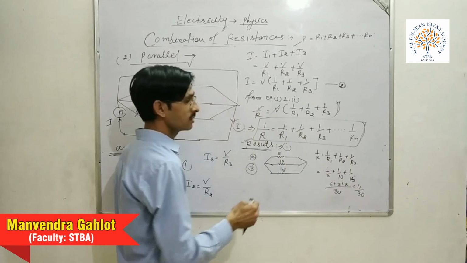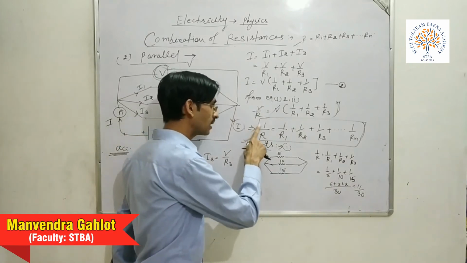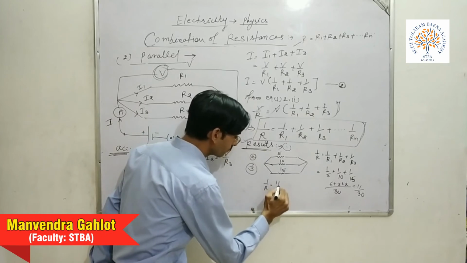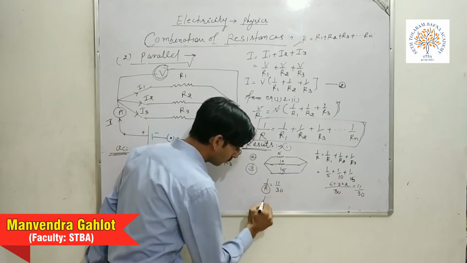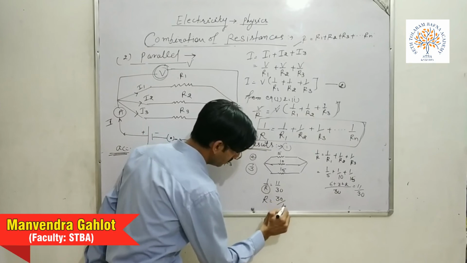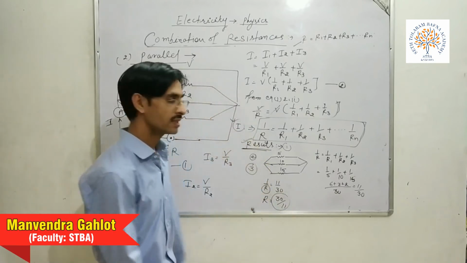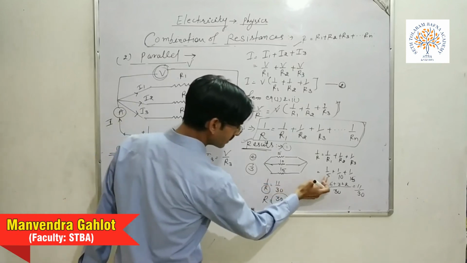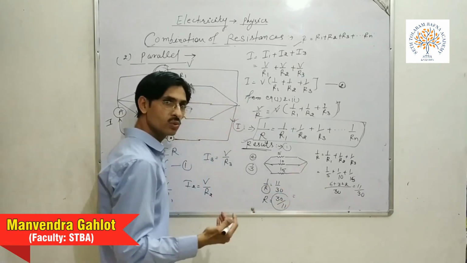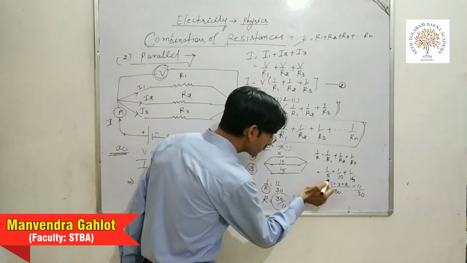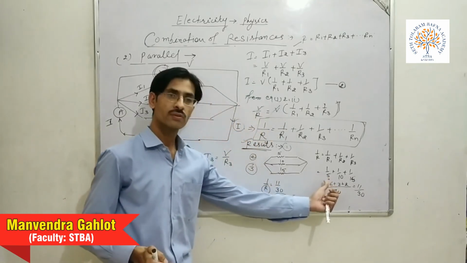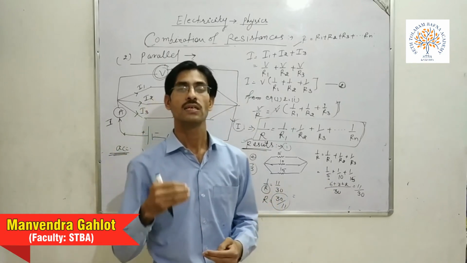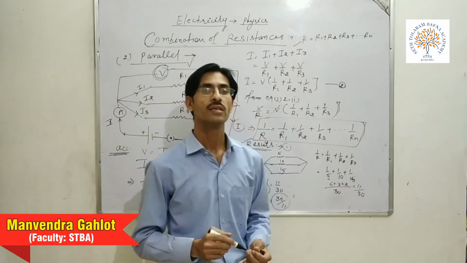This is not the right answer because it is the value of 1 upon R. We want the value of R. So R equals the reciprocal, 30 upon 11. That means the answer is always less than the minimum. 11 2s are 22, so 2 point something. That means the minimum resistance is 5 ohm and the equivalent resistance is always less than the minimum resistance.